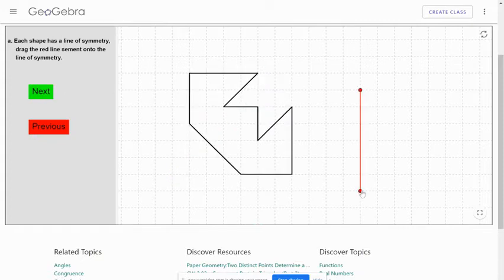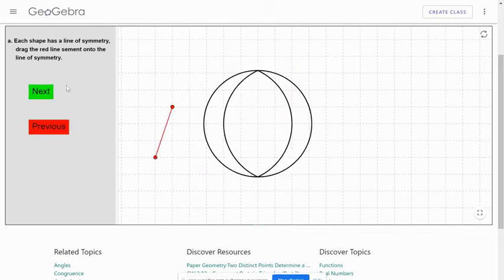And this one, let's see, is like that. How many lines of symmetry do you think this one has?